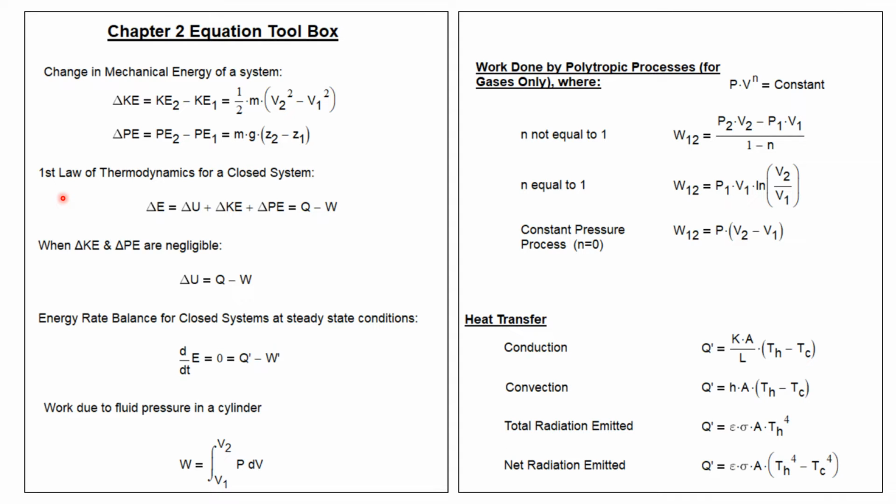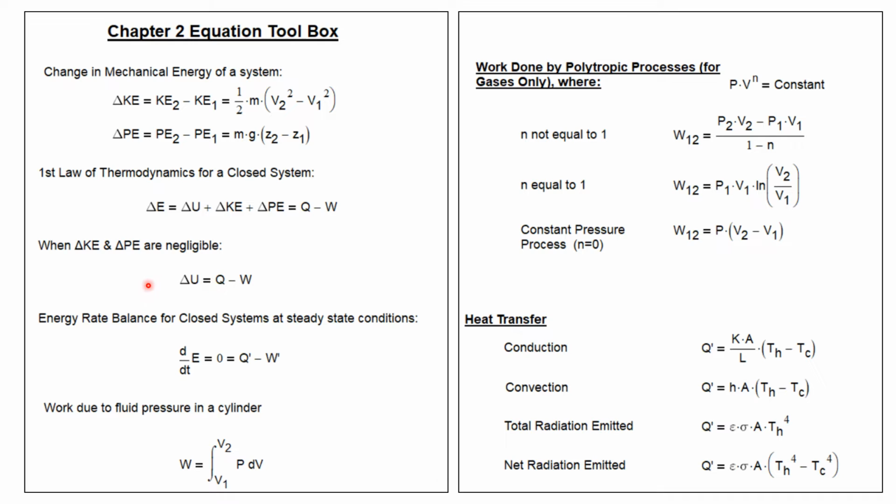We introduced the first law of thermodynamics for a closed system, and we said that the change in energy during a process is the change in internal energy plus the change in kinetic energy plus the change in potential energy, and that is equal to Q minus W. Now, for most closed systems, we can ignore changes in kinetic and potential energy as being zero or insignificant.